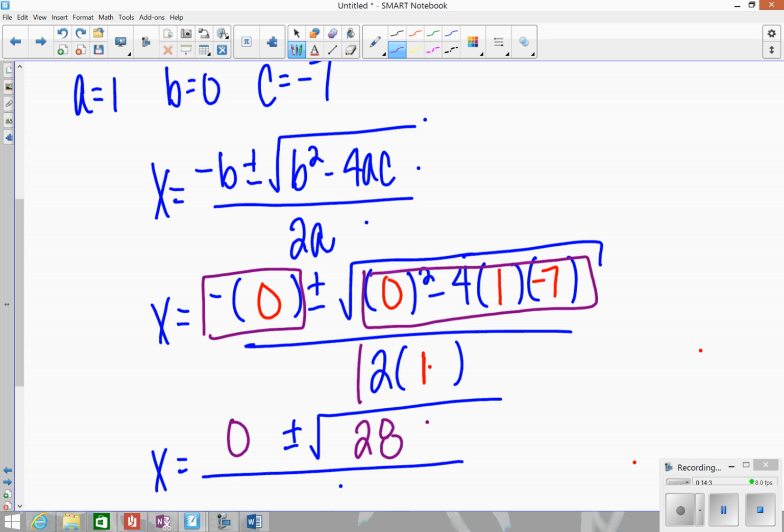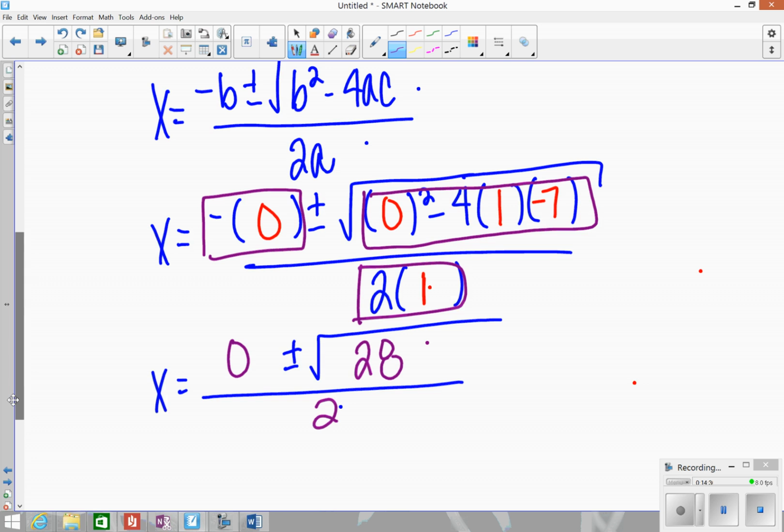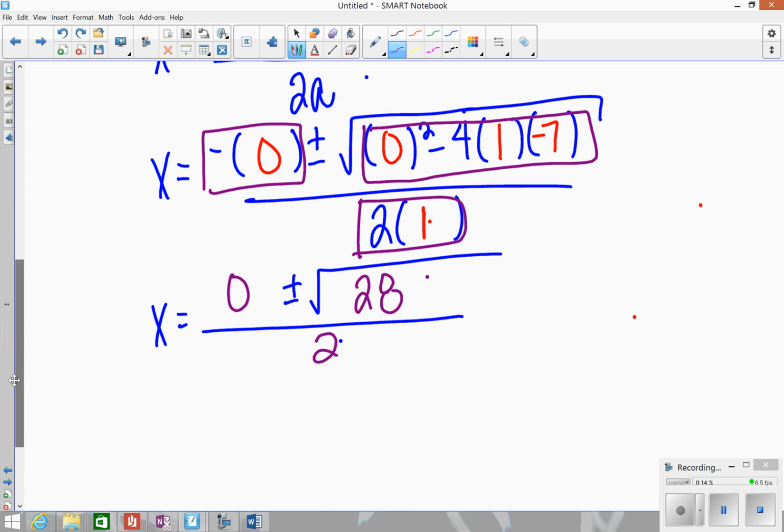And then at the bottom here, simplify that, you get 2. So now, if you look, I just have a 0 in front. So 0 plus or minus square root of 28 is just going to be plus or minus square root of 28 over 2.